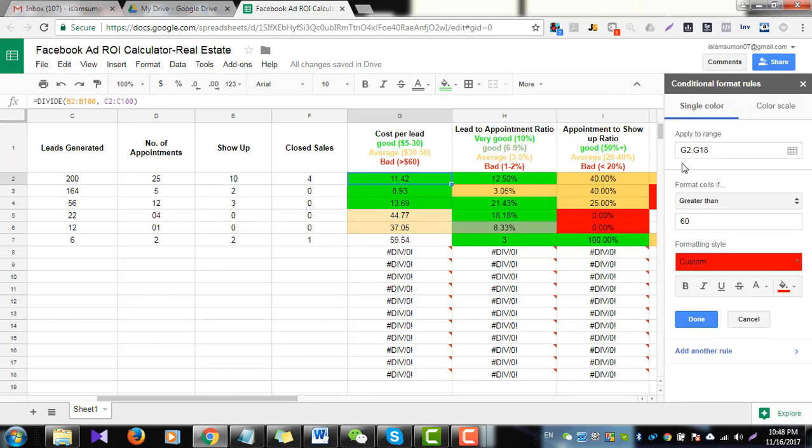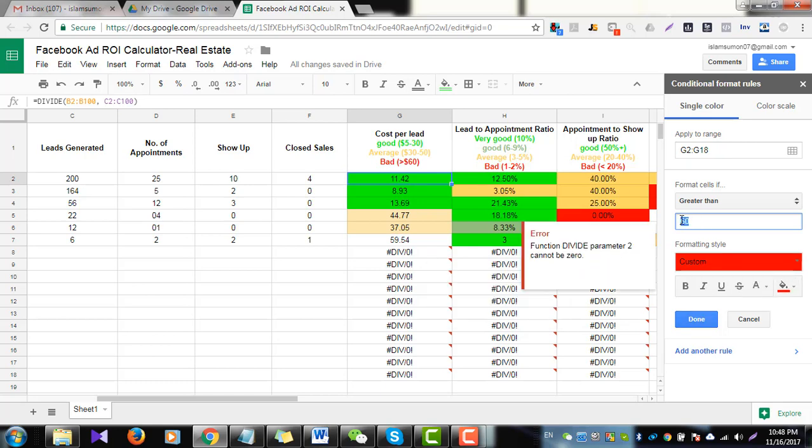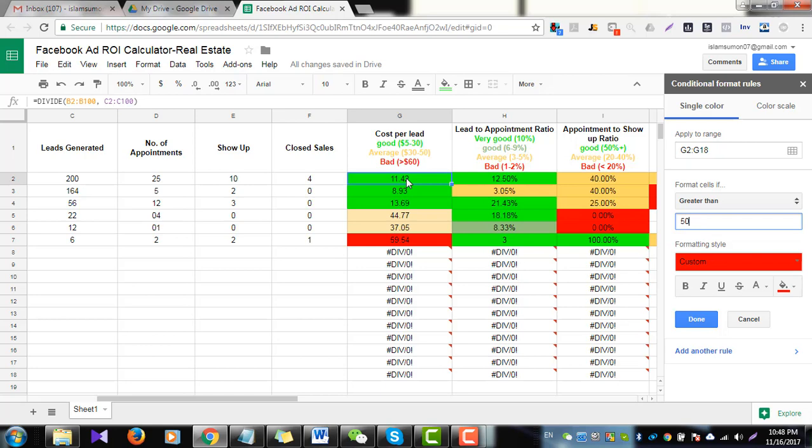Here the rule is set like that: if the cell is greater than 60, if there are any results greater than 60, it will turn into a red color. Okay, so you can set it like 50. So if any of the data in this cell is over 50, it will turn red. You can see here that now the color of these cells has changed.